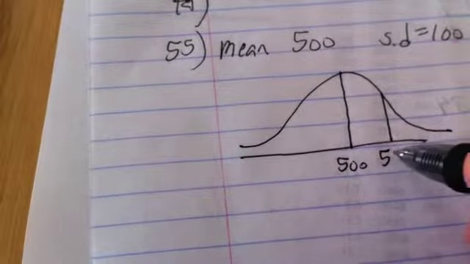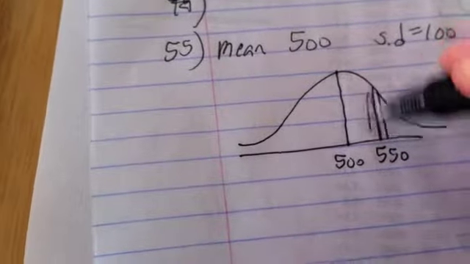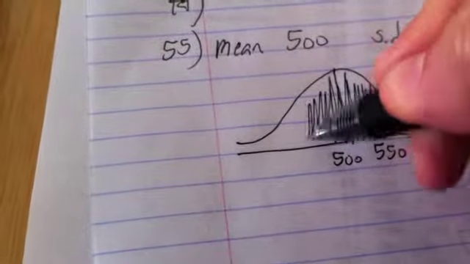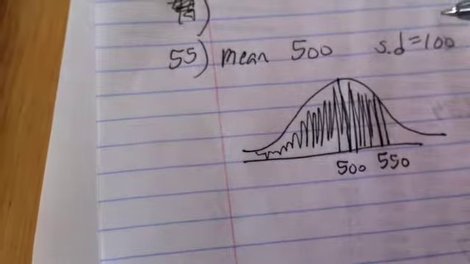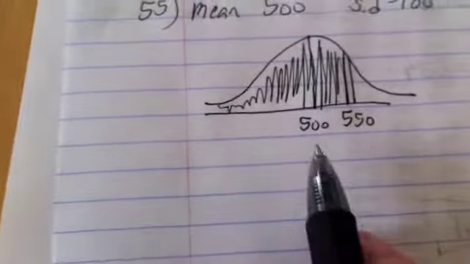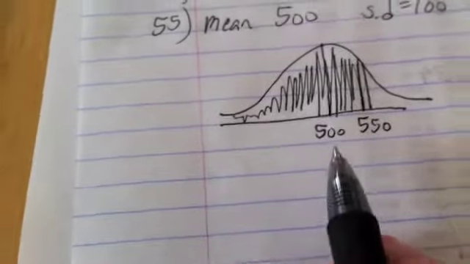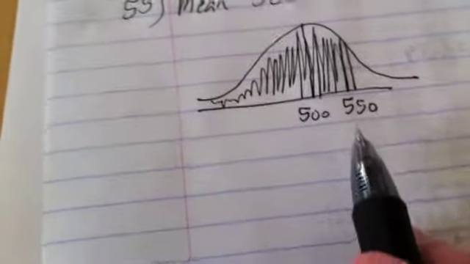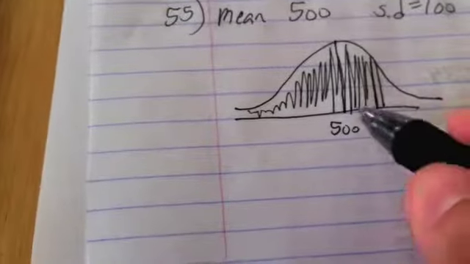So if I put 550 here, I want to know how many students have a score below 550. And so these aren't z-scores. These are just regular old SAT scores that we need to convert to z-scores.